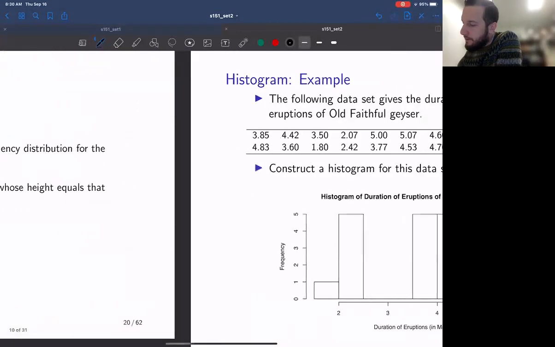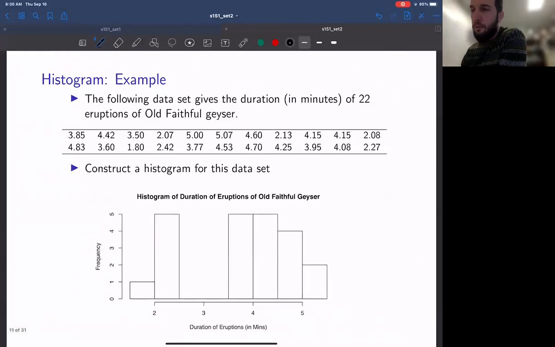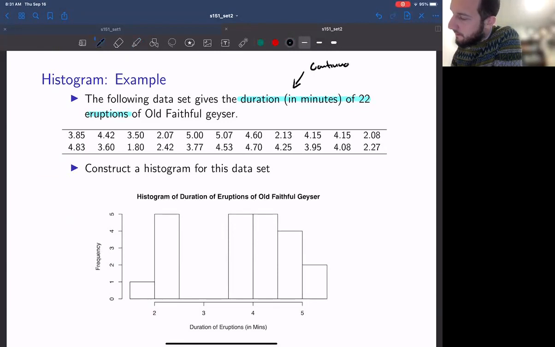So for example, let's return to our data set that we utilized in the Cutpoint grouping method. Okay, so here we have again the duration in minutes of 22 eruptions. So this is our continuous quantitative data set.